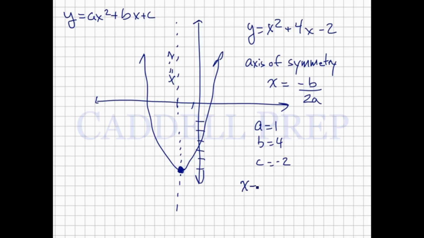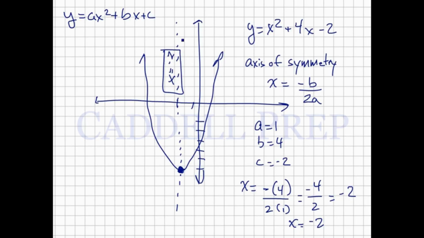So based on that, x equals negative b over 2a, so negative b, which is 4, over 2 times a, which is 1, gives us negative 4 over 2, negative 2. So x equals negative 2, which we already knew from looking at the calculator. So the axis of symmetry is x equals negative 2.